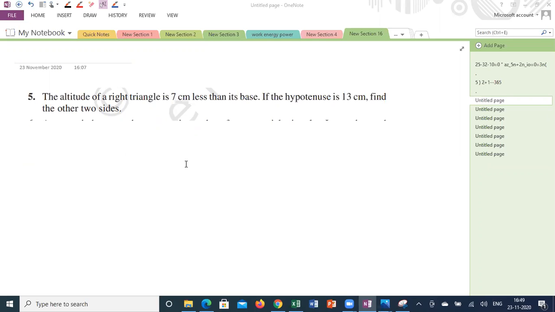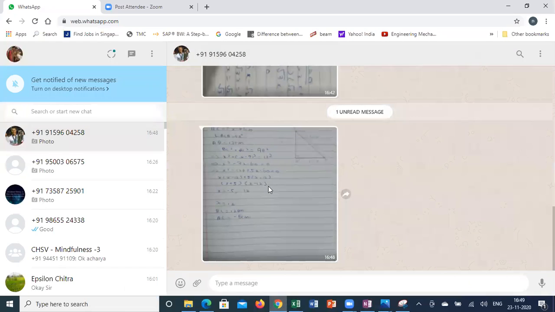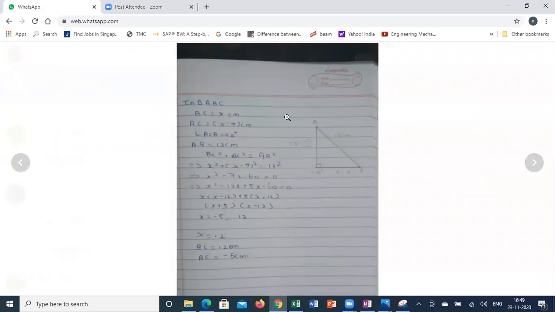What is the answer, Niranjan? Sir, the base is 12 centimeters, sir. I think this is your answer, correct? Yes, sir. x minus 7, 90 degrees.